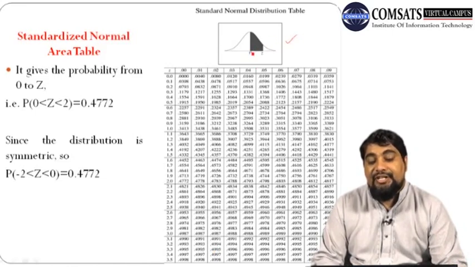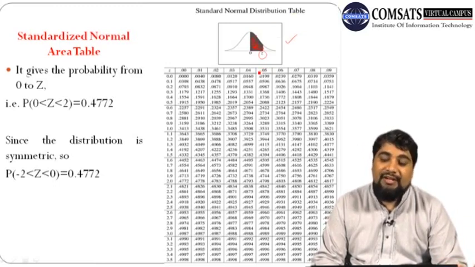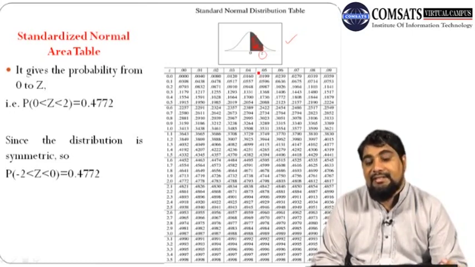It is giving us the shaded area from 0 to any number z, and here z is a positive number. If we are interested in finding this shaded area, we can use this standard normal distribution table. Since we are going to discuss several questions related to finding area under the curve, we need to learn this standardized normal distribution table.